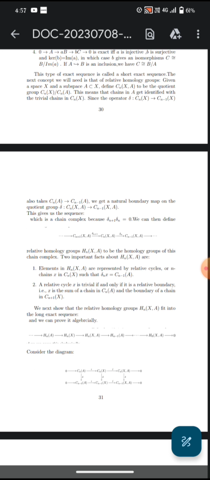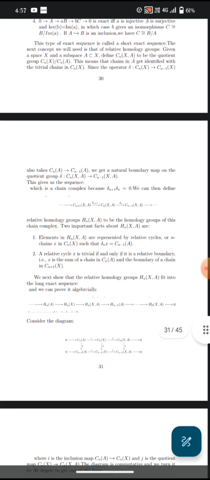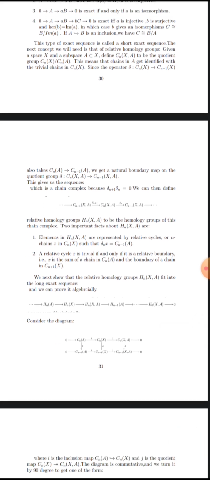Two important facts about Hn of X, A: elements in Hn of X, A are represented by relative cycles, which are n-chains x in Cn of X such that delta n x is in Cn minus 1 of A. A relative cycle x is trivial if and only if it is a relative boundary, that is, x is a sum of a chain in Cn of A and the boundary of a chain in Cn plus 1 of X.